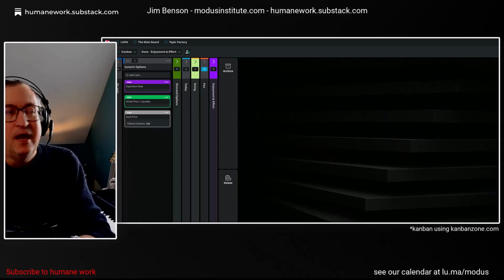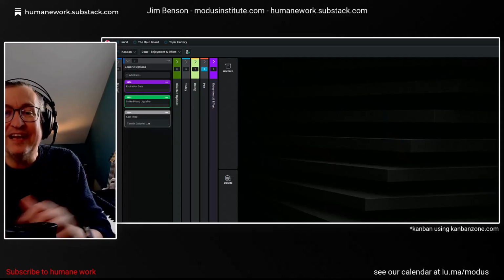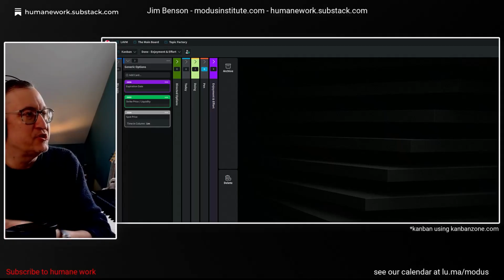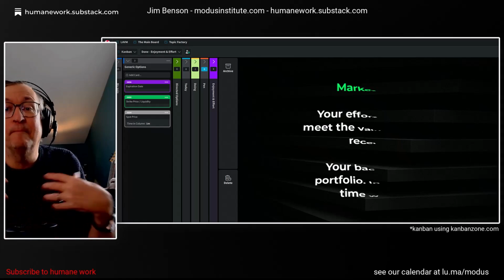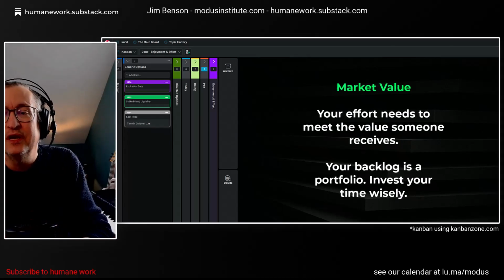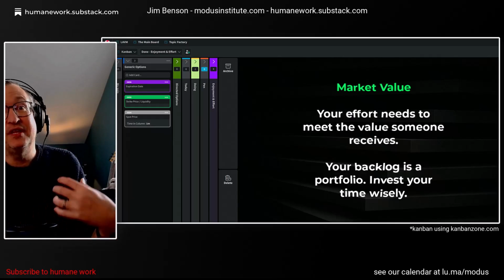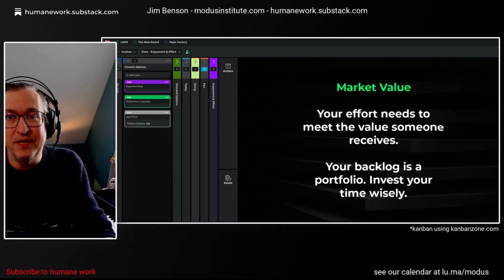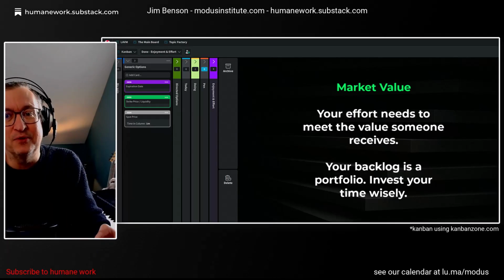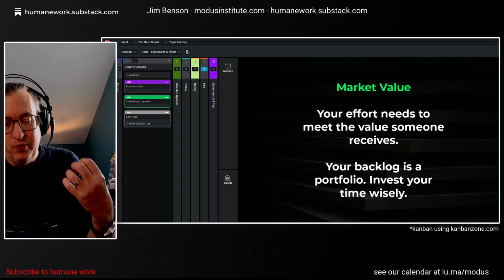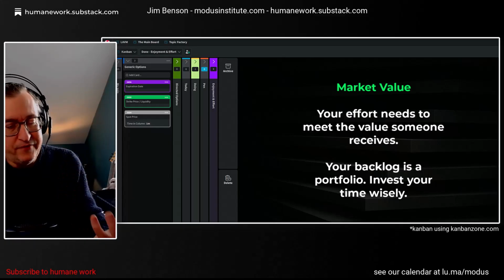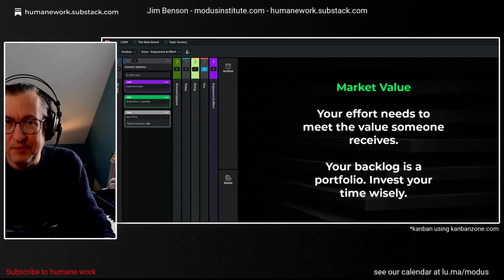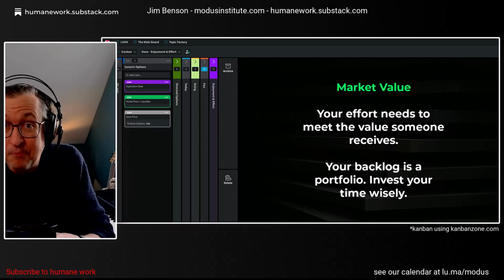So the next part is the strike price, the liquidity, the market value of your work. And what this says is basically the amount of effort that you put into something is not equal to its value. So, we've created classes that have taken us months and months and months to build that the market just hasn't bought.